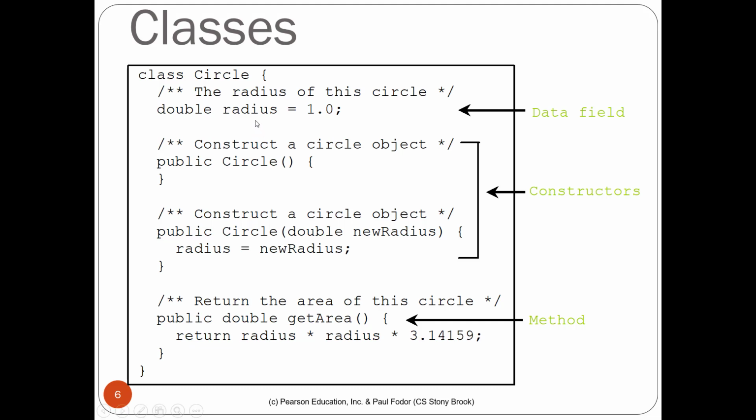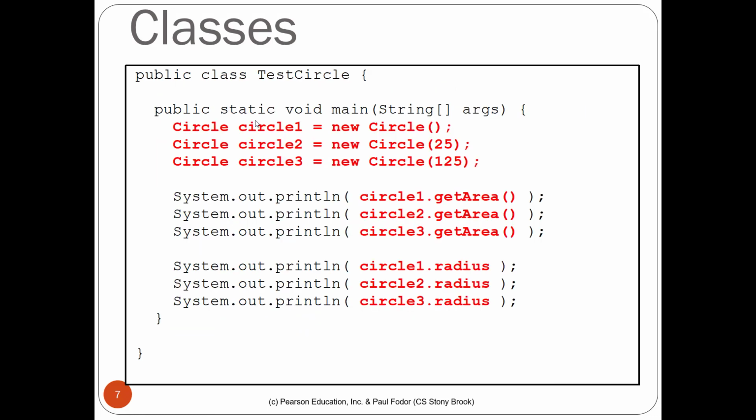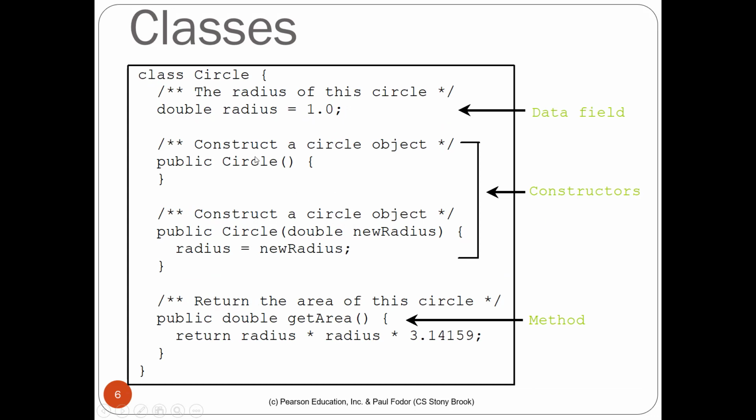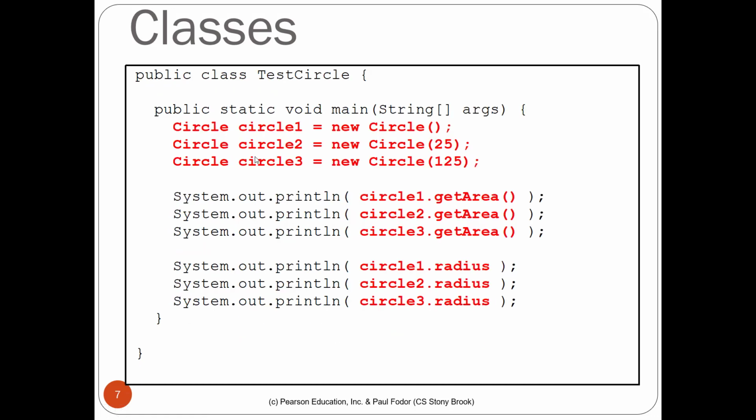Now, if you want to access the radius, if you want to print a radius in the TestCircle's main method, which is defined in the Circle class, then the only way you could do it is again by using these objects only. You cannot say System.out.println radius, it will not work, because radius does not exist in the TestCircle. Radius is undefined for the TestCircle class.